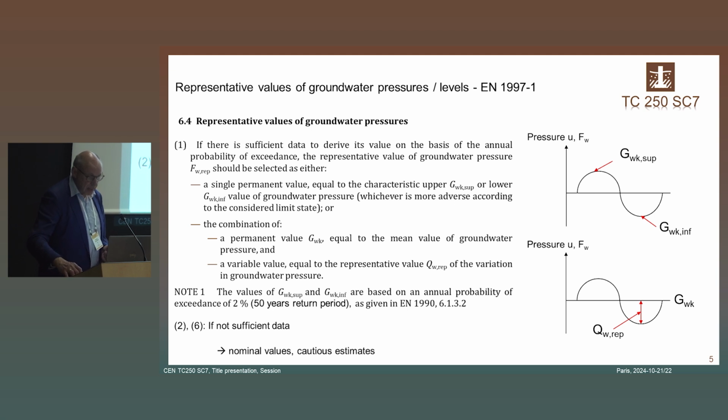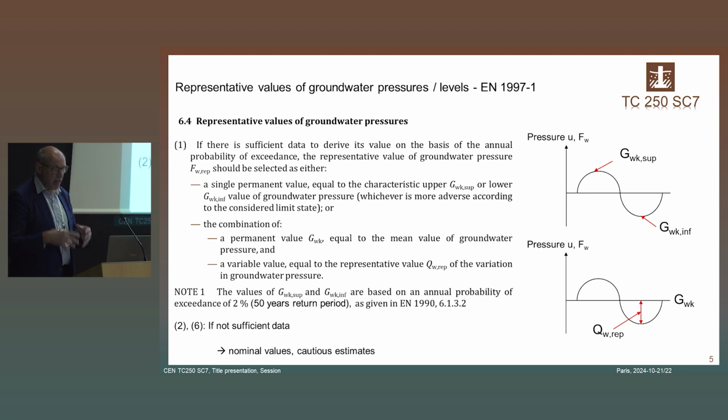And then those values of G are based on probabilities, a probability of exceedance of 2%, which is roughly speaking a 50 years return period. And it's referred to a clause in EN 1990. And that's the way you do it.